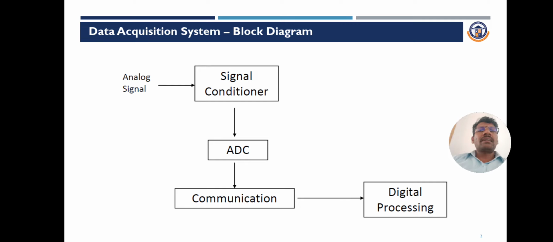Then the communication block processes it before the final stage. Most PC-based data acquisition systems include some form of signal conditioning, in addition to the plug-in data acquisition board and the personal computer.